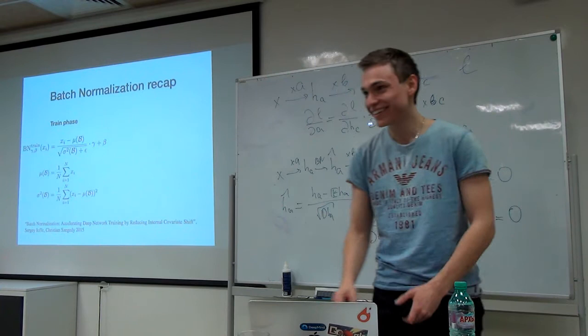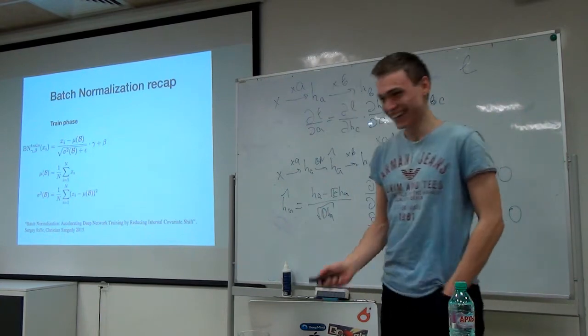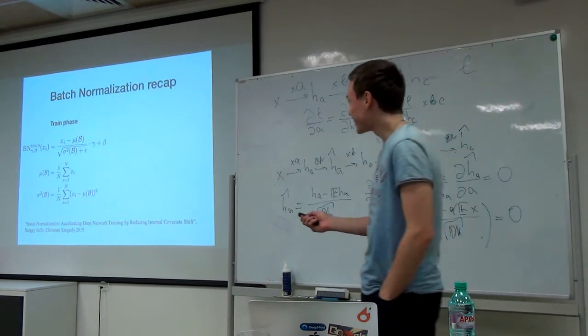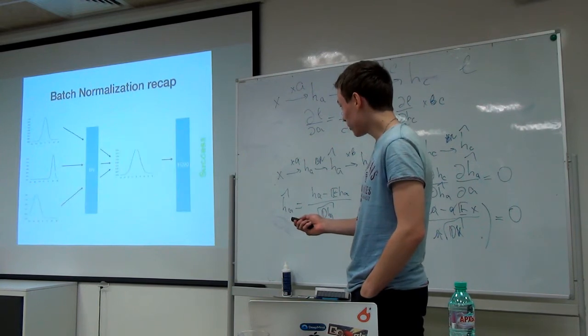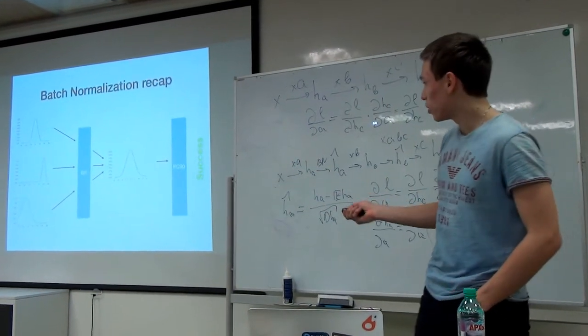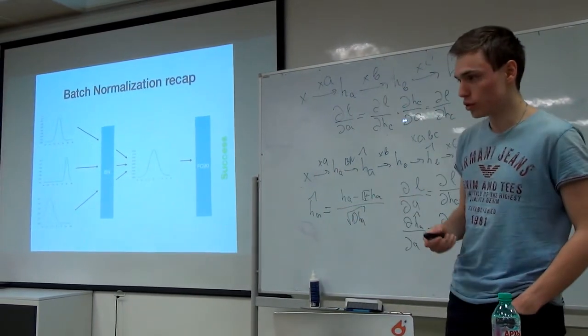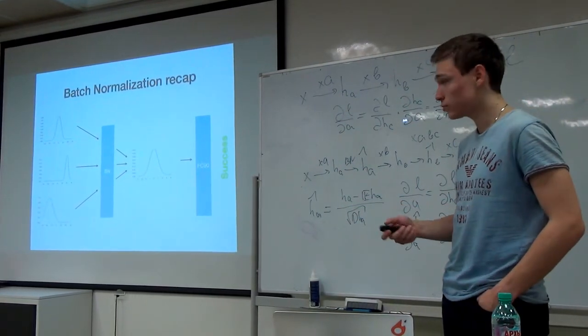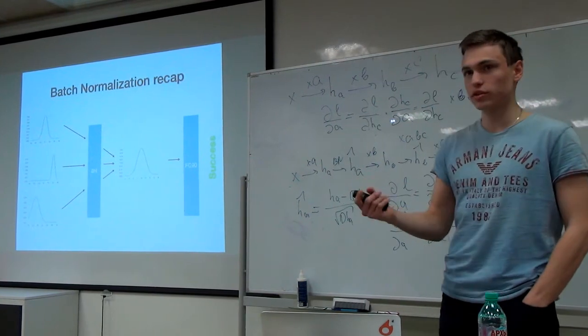The next example. So okay, batch normalization guarantees that before every layer you will get zero mean and unit variance of your activations.